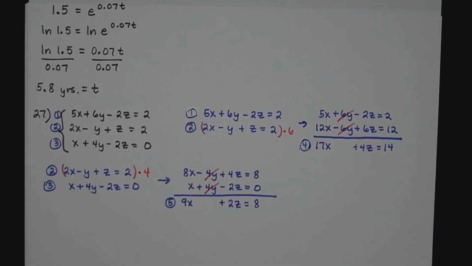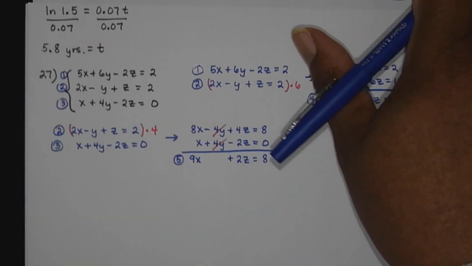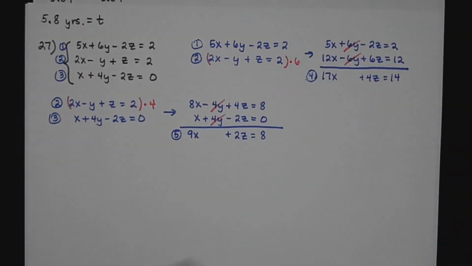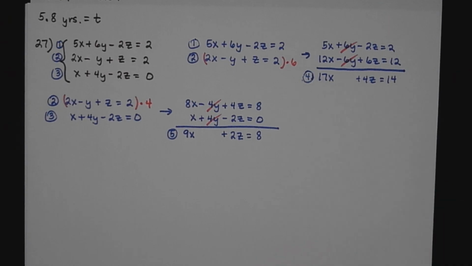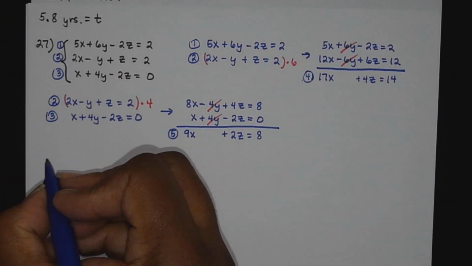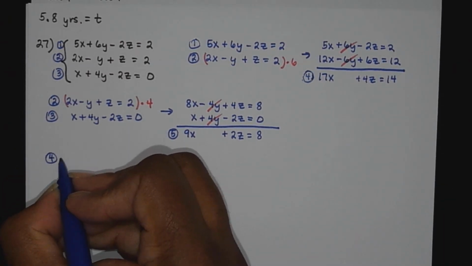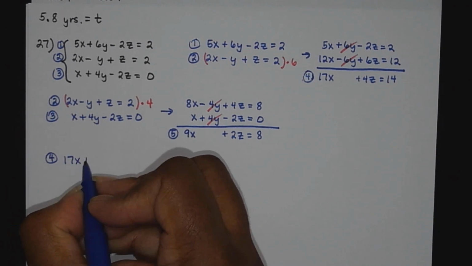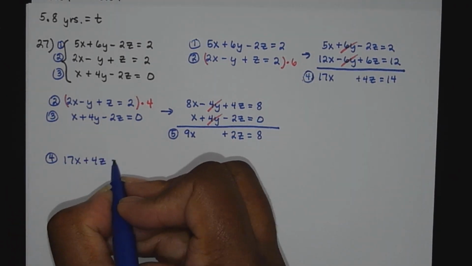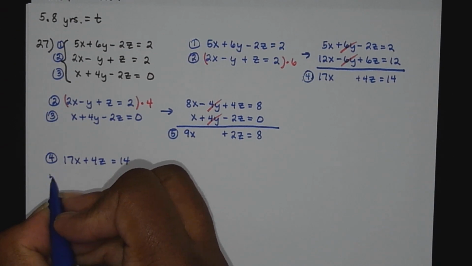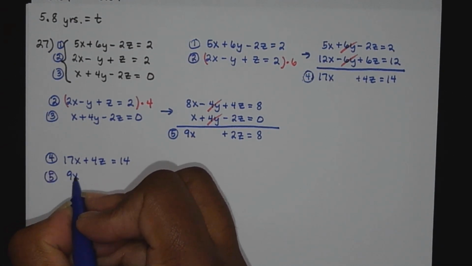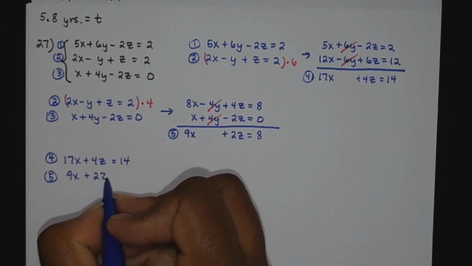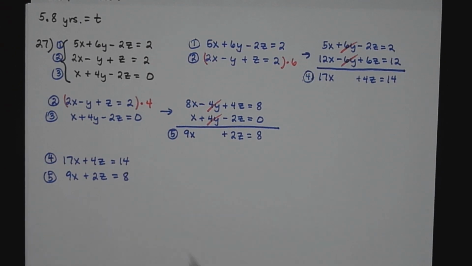So now we're going to use equation 4 and equation 5 to eliminate either the x or the z. So let me write down equation 4, which is 17x plus 4z is equal to 14. Equation 5 was 9x plus 2z is equal to 8.